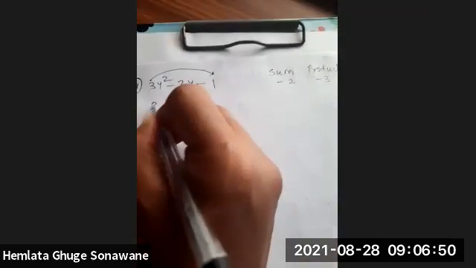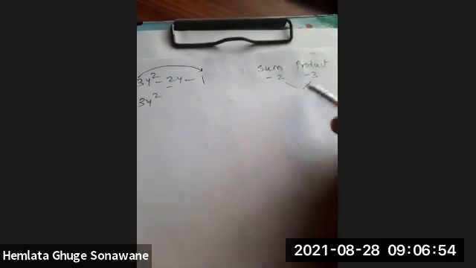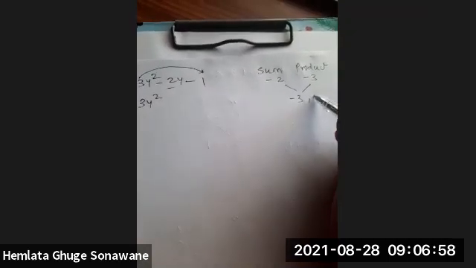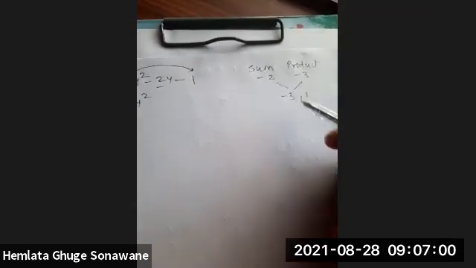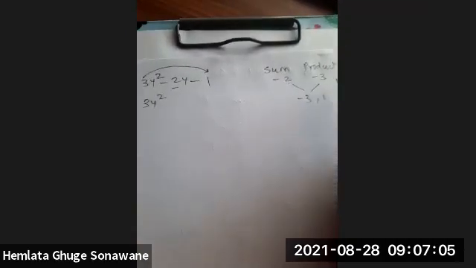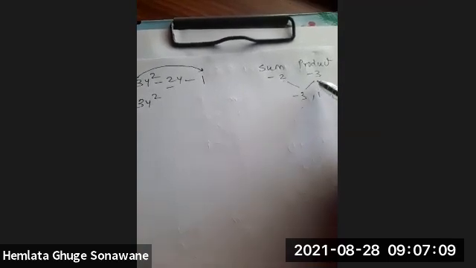We'll write down 3y square as it is. Then the factors for this are minus 3 and plus 1. So minus 3 plus 1 becomes minus 2, and minus 3 ones are minus 3.